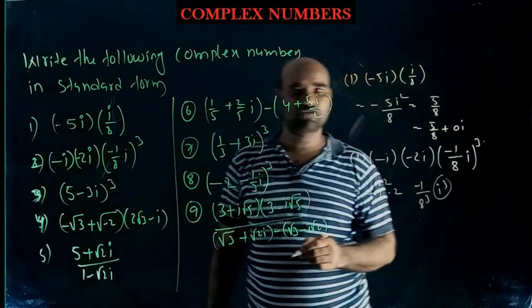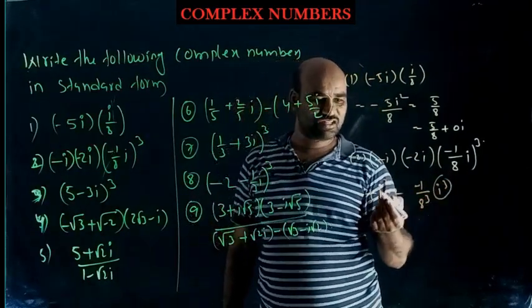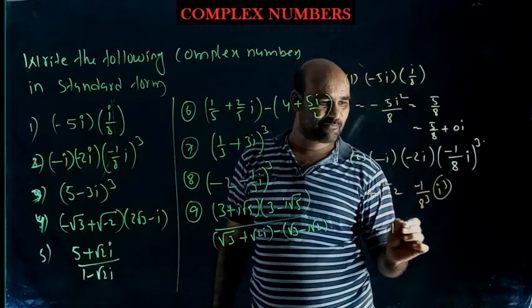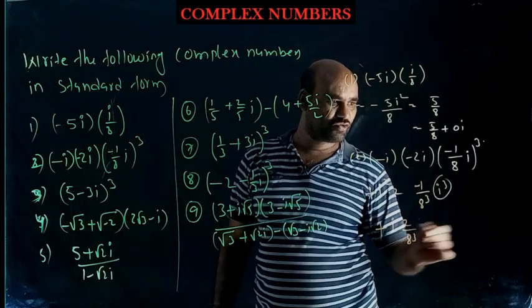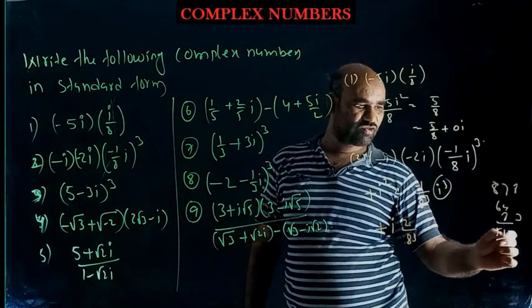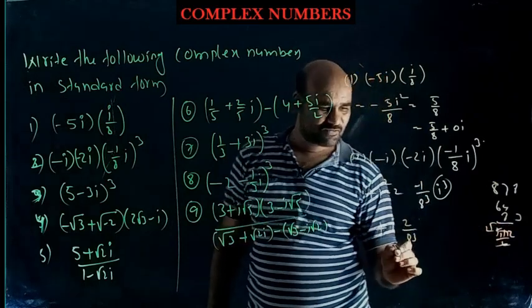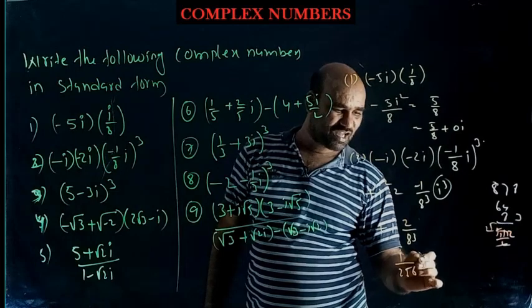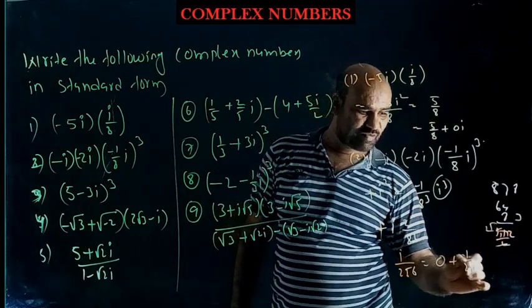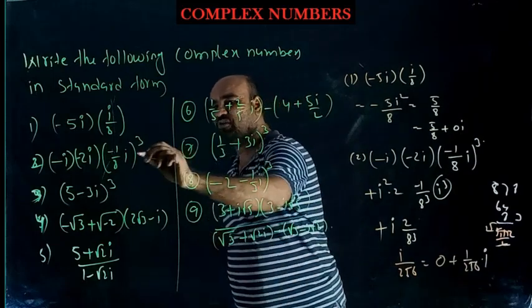Iota cube means iota square into iota, minus iota. So minus iota, this is minus 1, minus iota into minus, minus 2 plus 2 by 8 cube. 8 cube means what? 512. So what happened? Iota by 256, or I can say 0 plus 1 by 256 into iota. This is the standard form of this.